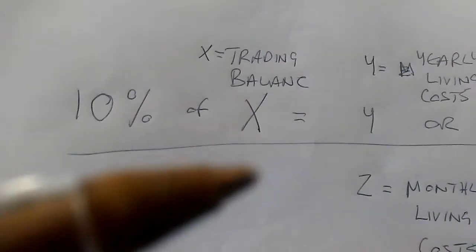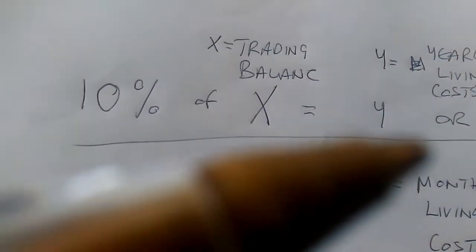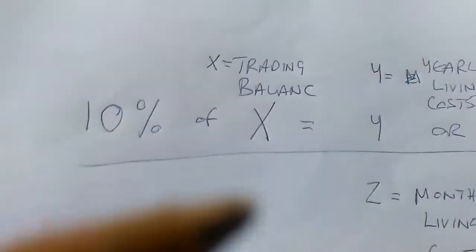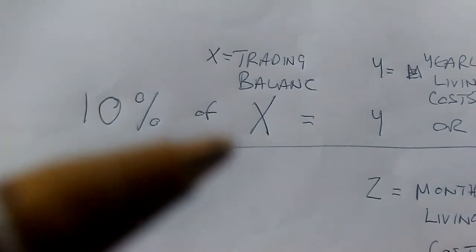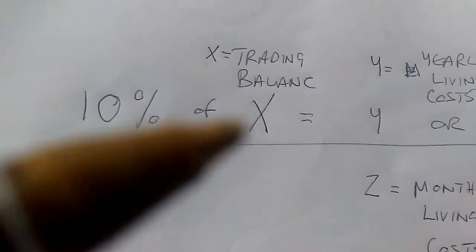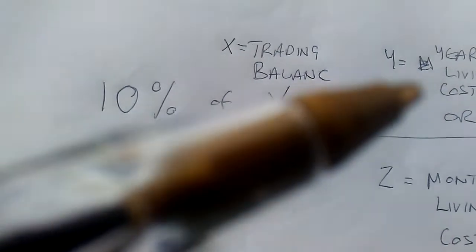So if you want 10% of your trading balance to equal a yearly cost of 24 grand, your trading balance would have to be 240 grand, wouldn't it? To make one single 10% trade, and that pays for your yearly cost.